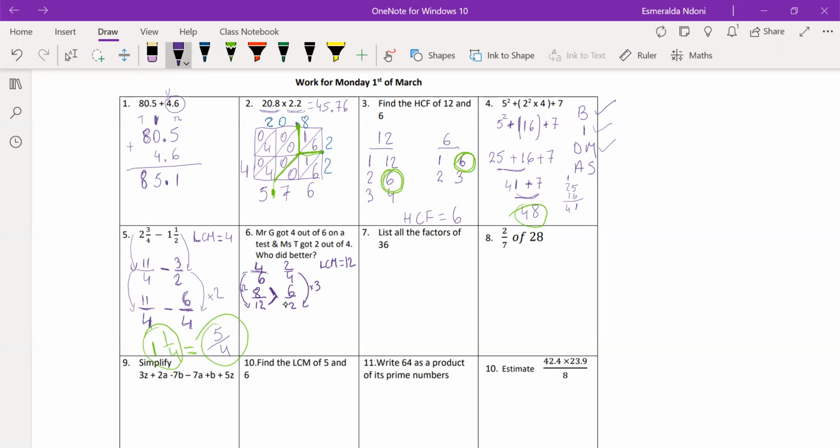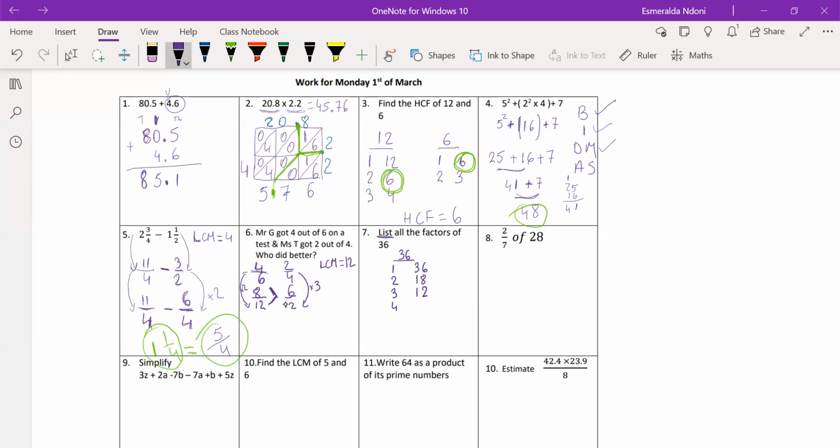Question 7. List all the factors of 36. It's asking us to list, so we need to do the factors as pairs to start with. So 36: 1 and 36, 2 and 18 are 36, 3 with 12, 4 with 9.